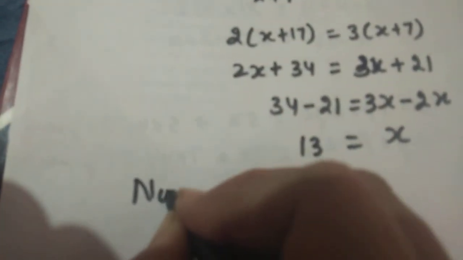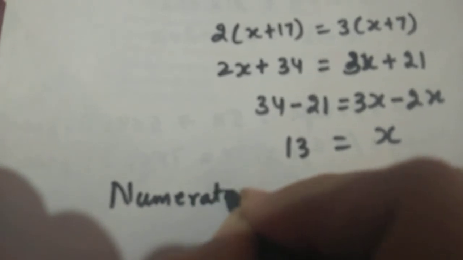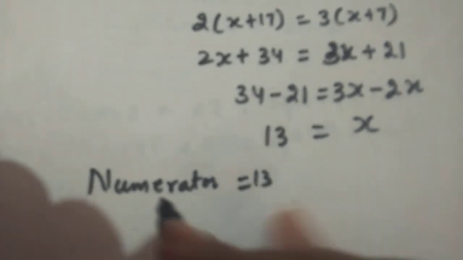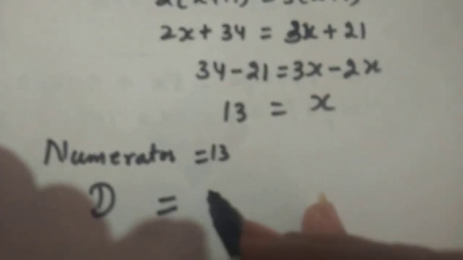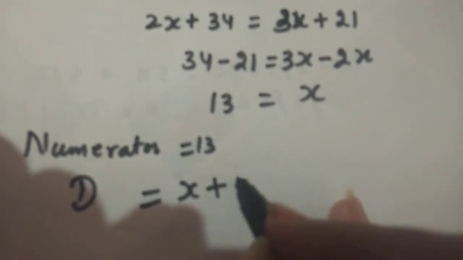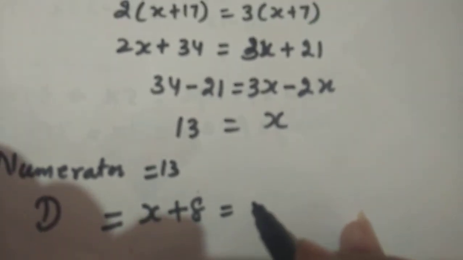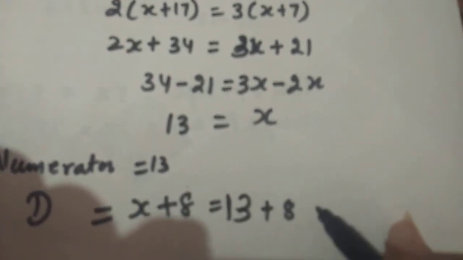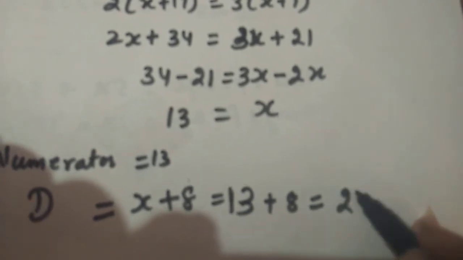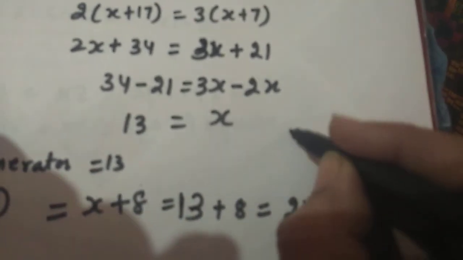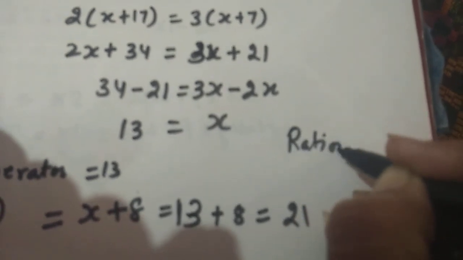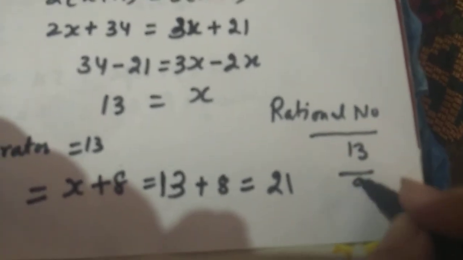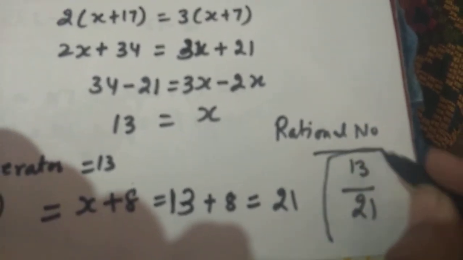So our numerator is 13 and the denominator is x plus 8, means 13 plus 8, 21. Now the rational number will be 13 upon 21. So this is our solution.